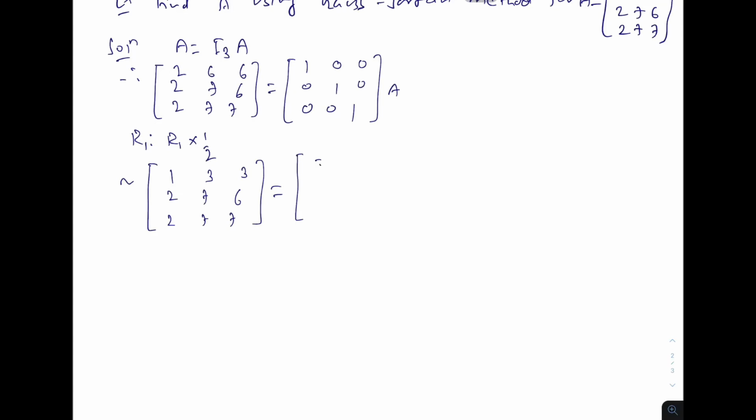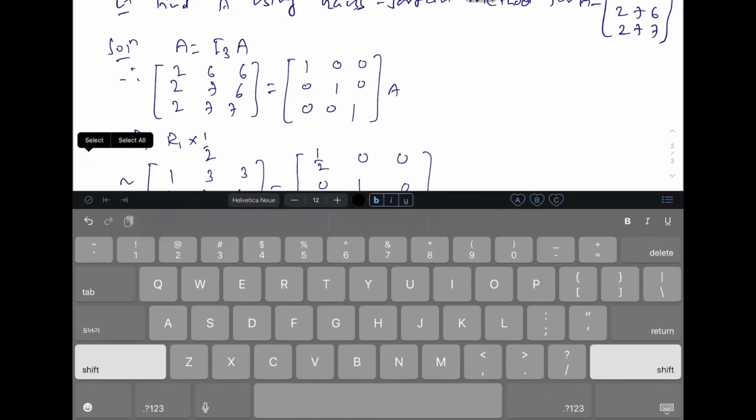So that is 1 by 2, 0 0, 0 1 0, 0 0 1 and A. Now by using this 1, we make the entry below it to be 0.